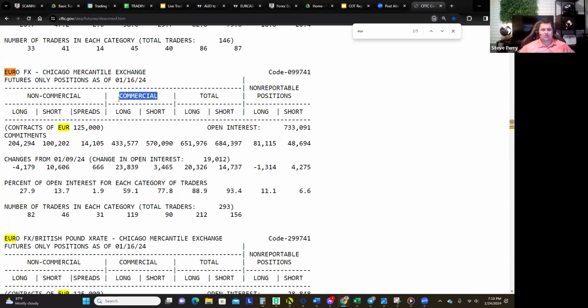You might do that just to balance things out. So they're not really trying to make money necessarily, but they're using the futures market to hedge their portfolio and to conduct operations in their business, right? So that's who commercials are.